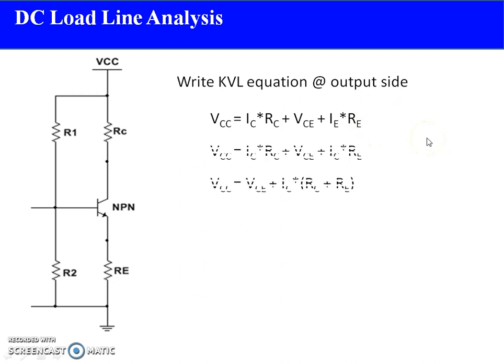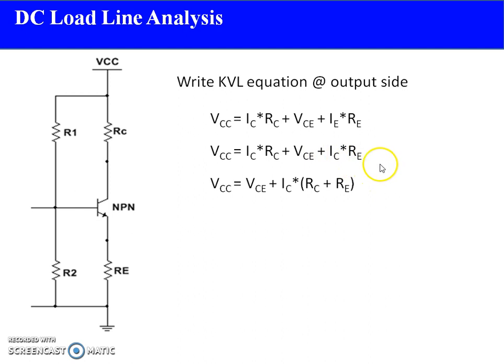Now we know that IE is approximately IC, so I can replace the IE term with IC. My expression becomes VCC is equal to VCE plus IC times (RC plus RE), making IC common. So this is the KVL equation of my output branch.